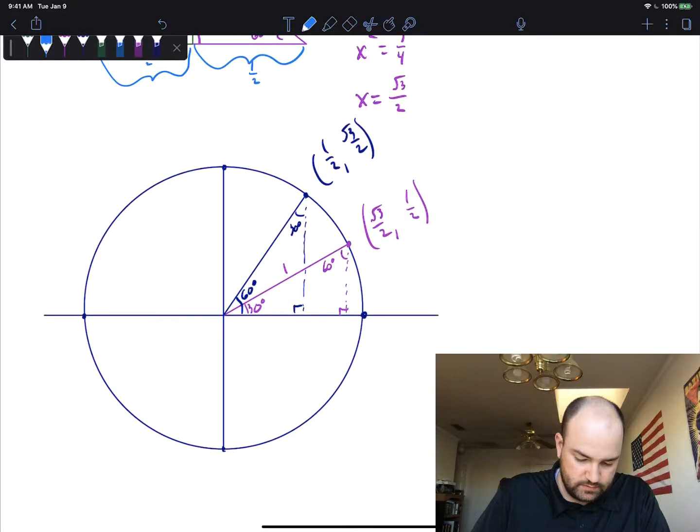And also notice that we know this 45 degrees here. That would be root 2 over 2, comma root 2 over 2. Excellent. And of course, this would be 0, 1, and 1, 0. Sorry, yeah, 1, 0 there. Everything else, we can actually just reflect these and get the other angles and go from there. And that's pretty much it.